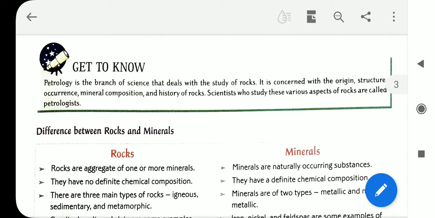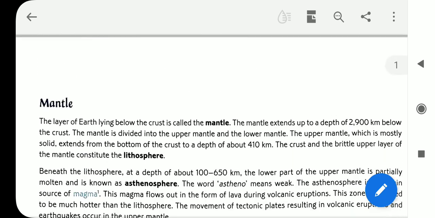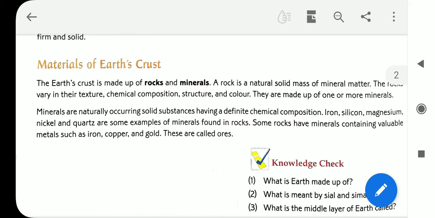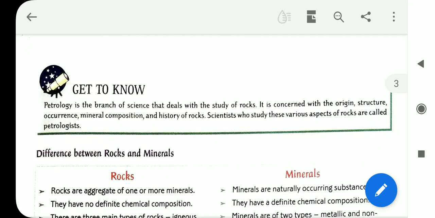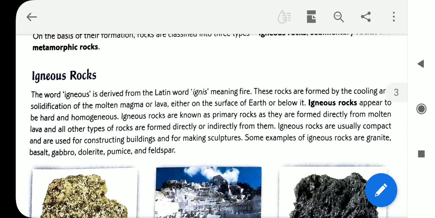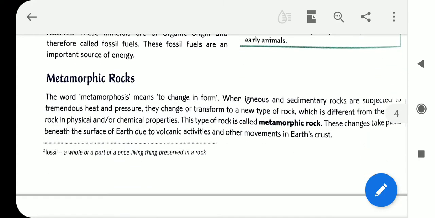Today I am going to discuss the last part of the second chapter, Interior of the Earth. In our last class we discussed up to the mantle and core, the materials of Earth first, the difference between rocks and minerals, and types of rocks: igneous rocks, sedimentary rocks, and metamorphic rocks.